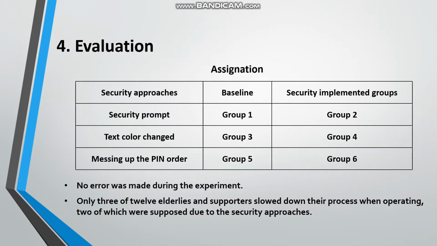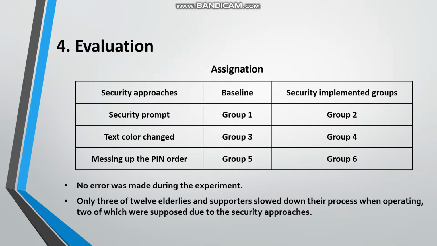Each group had an elder, acted by a participant, a supporter, and an attacker. The 6 groups will be divided into 2 groups. One is the baseline, and the other is a security implemented group.